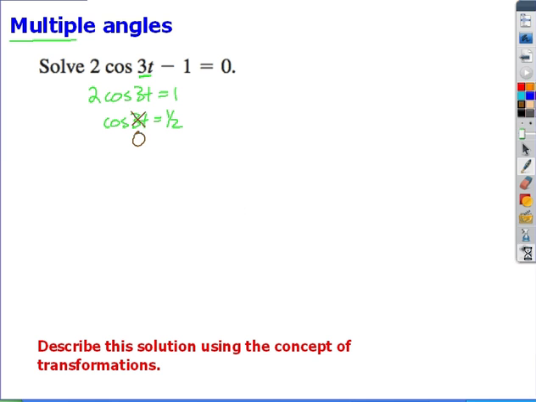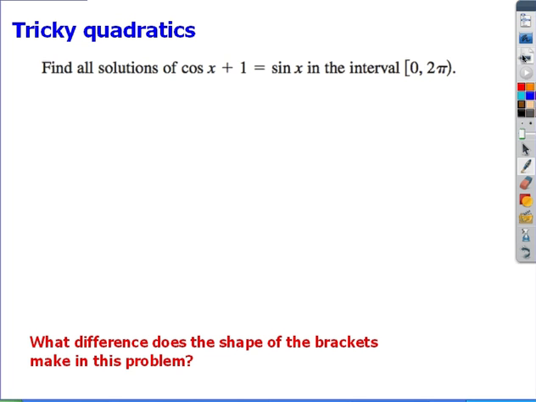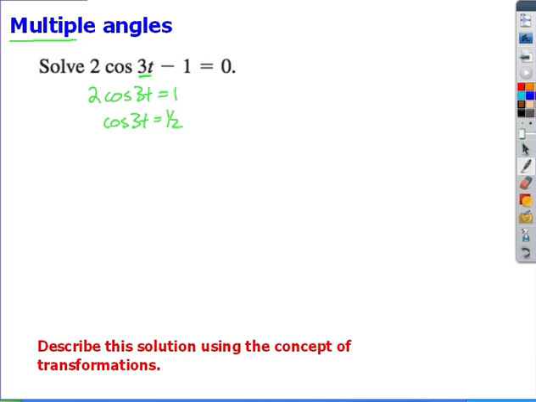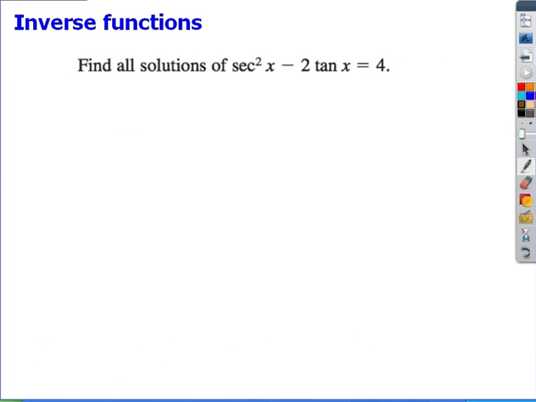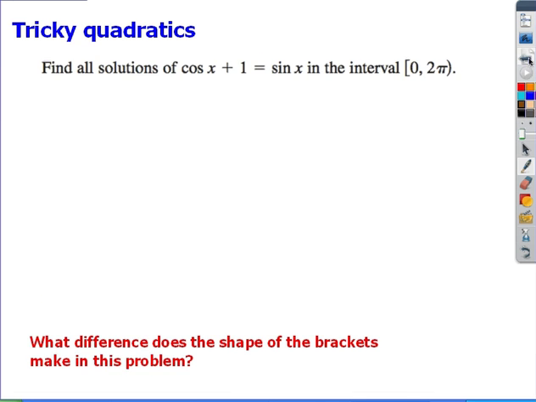Okay, so I'm just going to remove those lines, and we first of all need to figure out where the cosine ratio is equal to 1/2. The more comfortable you get with your unit circle, the better. There it is.